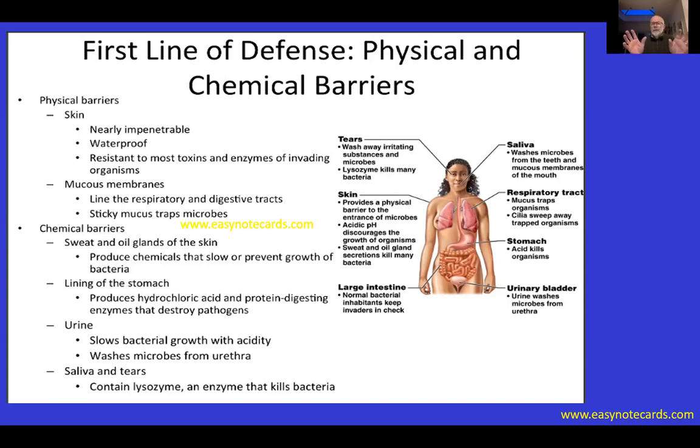It's anything that's entered your body that the body goes, oh, that's not part of me, I need to attack it. So that's what we mean by non-specific. It's not designed for any one pathogen. It's for all pathogens. If, however, there is a problem, that's when we move into what we call the specific defenses, which we'll meet later.